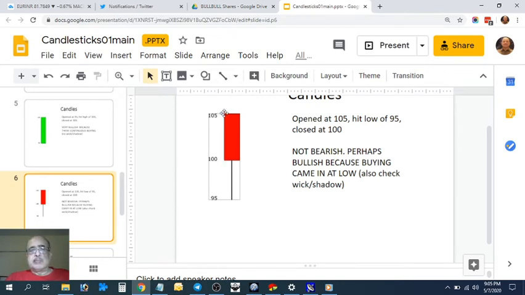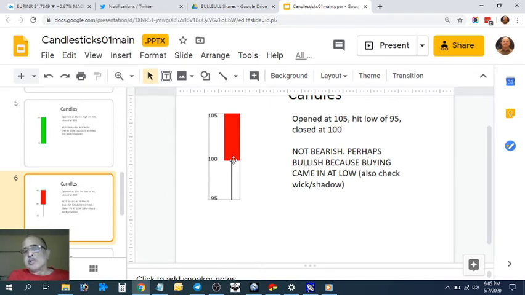Now I'll show you another example. In this, it opened at 105. The red candle, the close is lower than the open. Close at 100. It saw a low of 95, but it went on to close at 100. So it's not a very bearish candle. It is bearish. It can also be bullish. How?